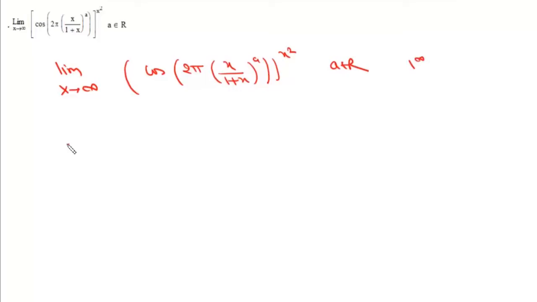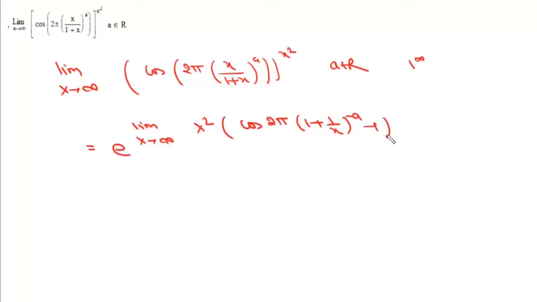That means we are going to use this shortcut directly. So it will be e to the power, and then this limit x tends to infinity of x square into cos 2 pi. Now we'll actually write this as 1 plus 1 upon x to the power minus a, and then minus 1. Now here we'll use binomial expansion of 1 plus x to the power minus n.